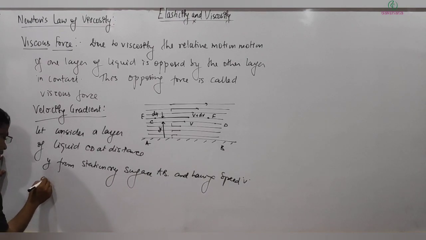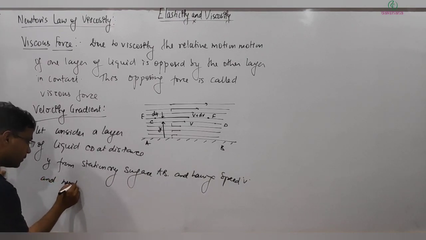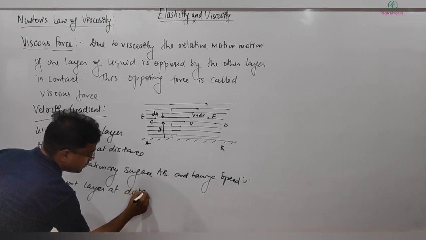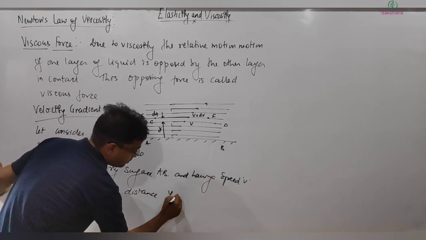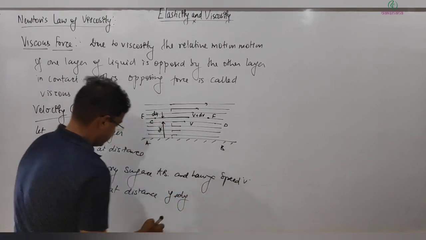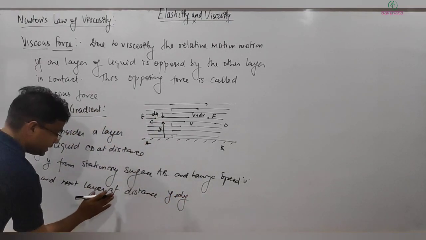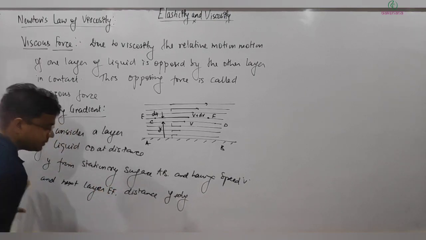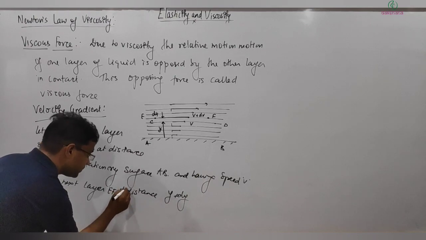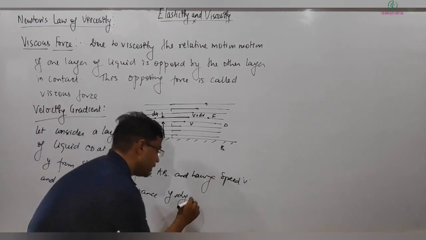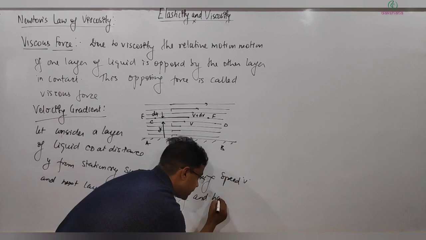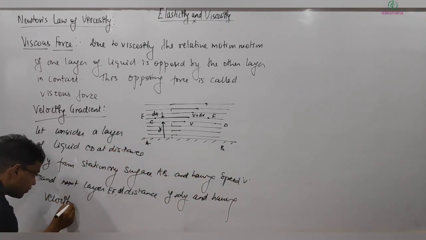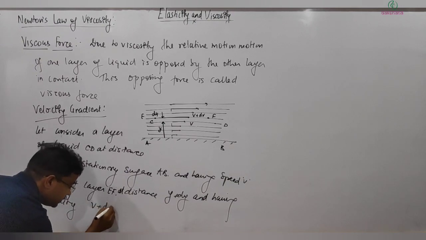And the next layer, EF, is at distance y plus dy and has velocity v plus dv.